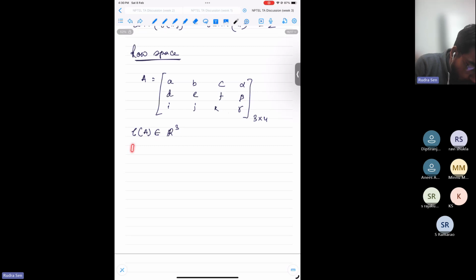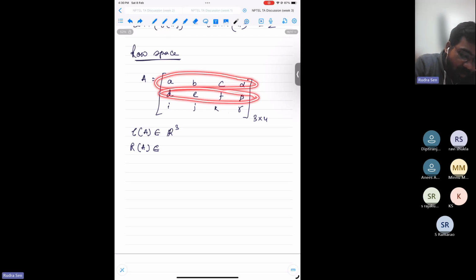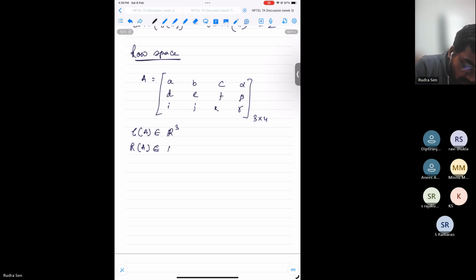Similarly, the row space is spanned by the rows. The number of elements in each row is 4, so the row space belongs to R4. Now you can consider the row space as the column space of A transpose.